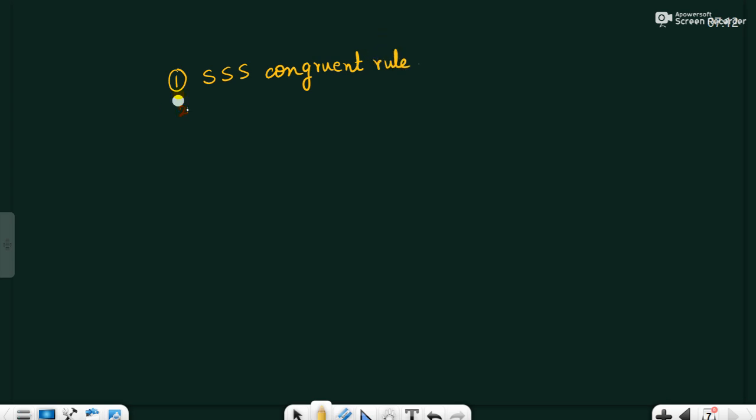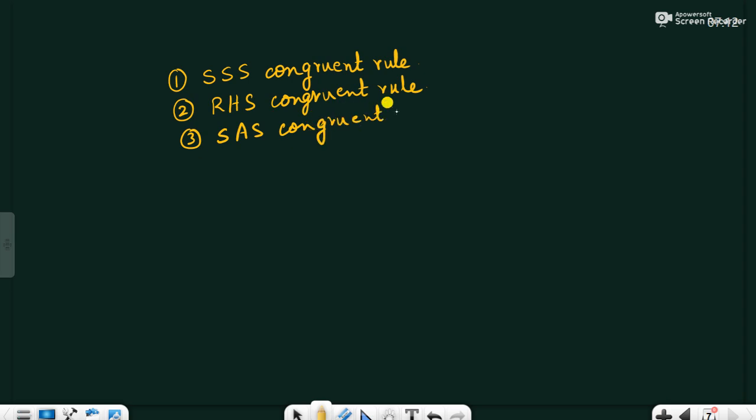Number 2 is the right hypotenuse side congruent rule. Number 3 is the side angle side congruent rule.